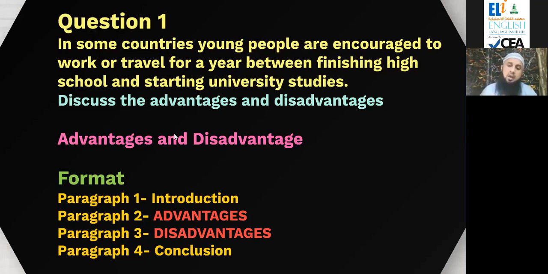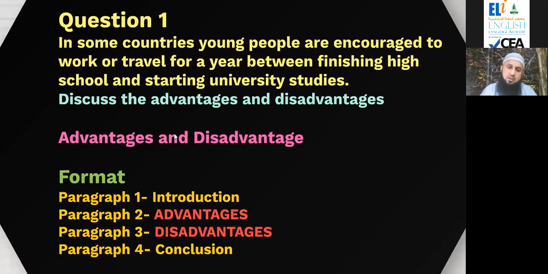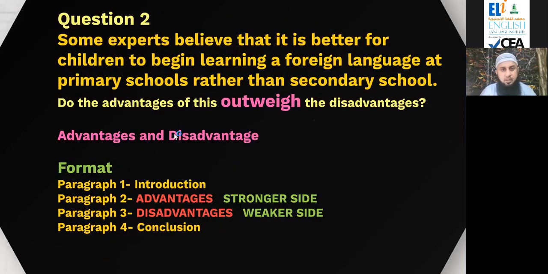Okay. After this comes question 2. Foreign language at primary school rather than secondary school. Okay. The question is, do the advantages of this outweigh the disadvantages? They do give you a hint that you should write more advantages, stronger side.